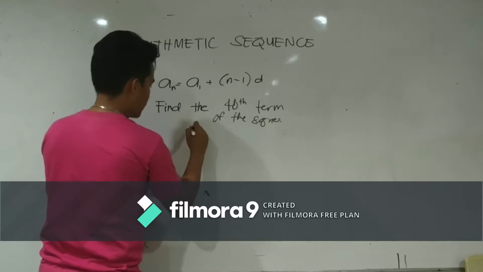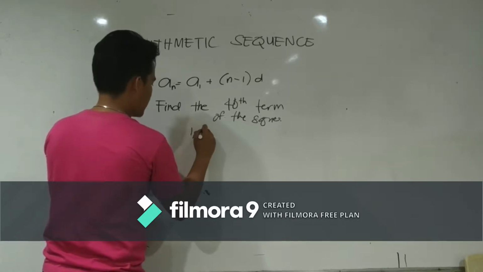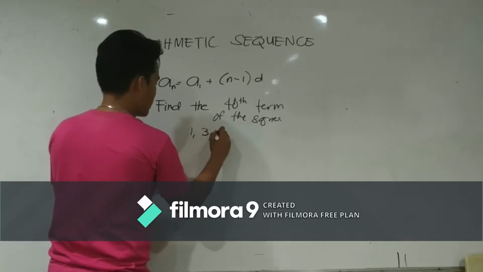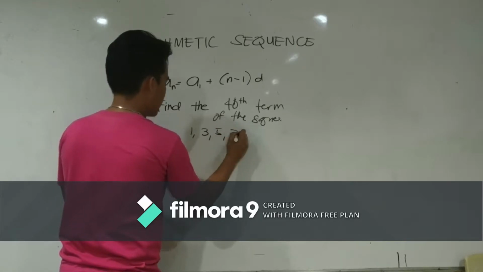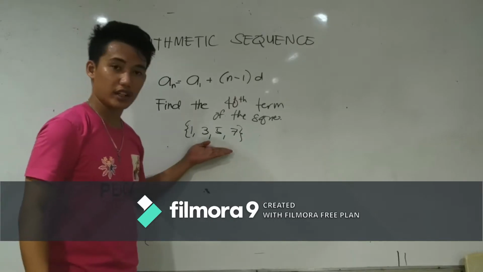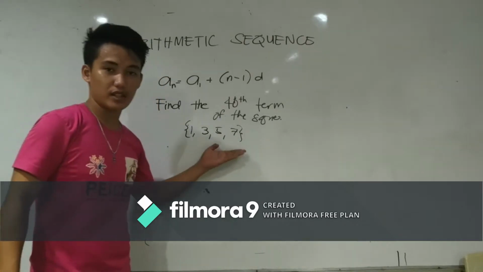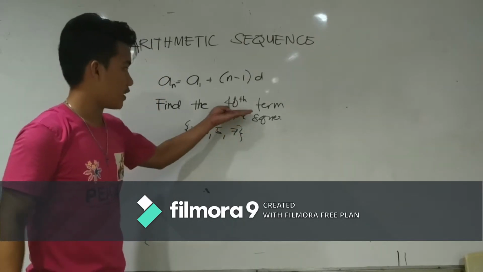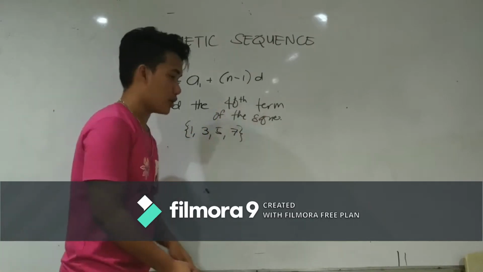For example, we have 1, 3, 5, 7. So we are given 1, 3, 5, 7, and now we're going to find the 40th term.